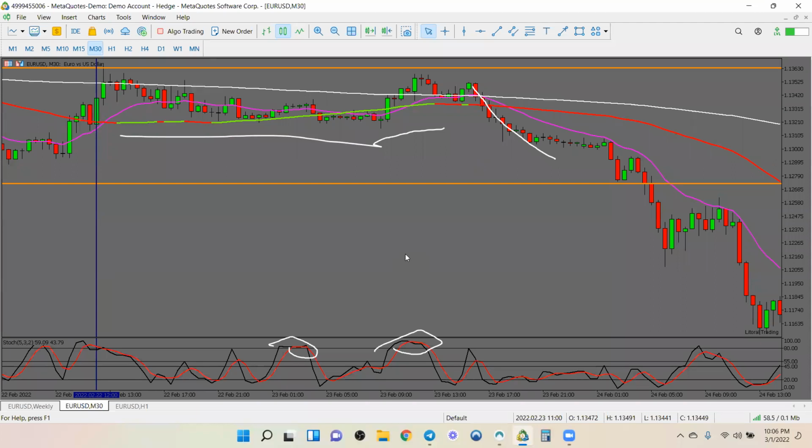So if you took this trade going down off this, when the K hooks down from 80, what candle is that? Put your crosshair on it. Go over one more. Look at what candle made the hook. No, it's going to be to the right. You're in the right area.